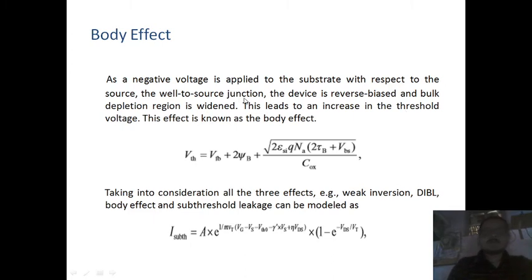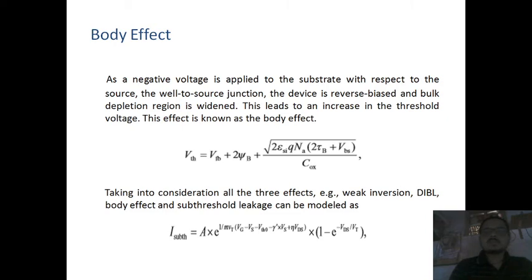When we give a negative voltage to the substrate and a positive voltage to the source or drain, the depletion width increases. When the depletion width increases, we need a higher threshold voltage.